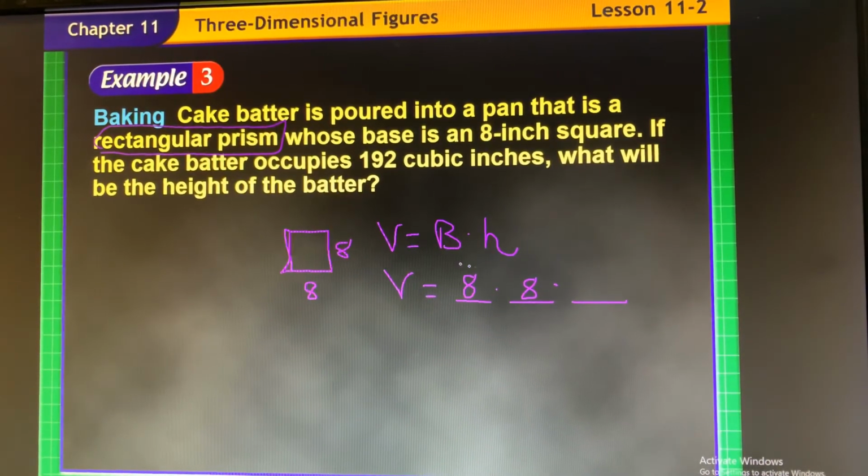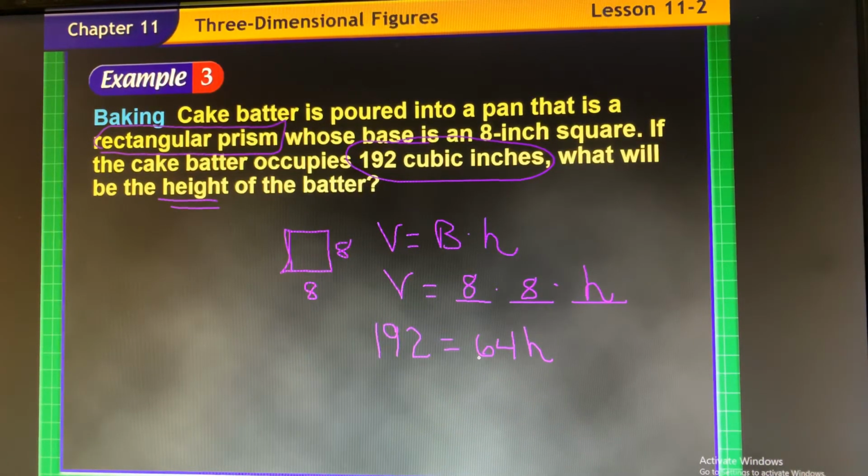It's asking me what is the height of the batter, so I don't know this, but I do know that the volume is 192. So it's 192 equals 64 times h. You're just going to take and solve for h.